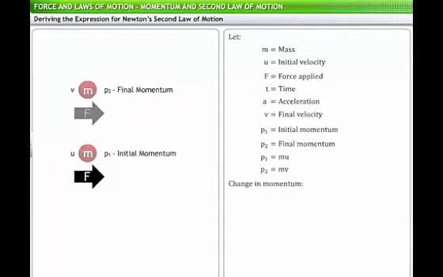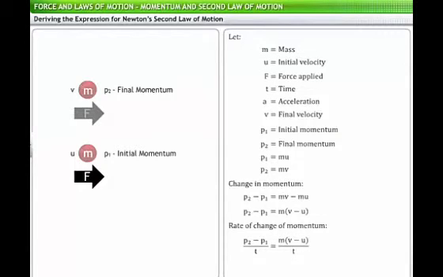Hence, the change in momentum, P2 minus P1, is equal to mv minus mu, or m multiplied by (v minus u). The rate of change of momentum is the ratio of change in momentum to time. That is, m multiplied by (v minus u) divided by t.